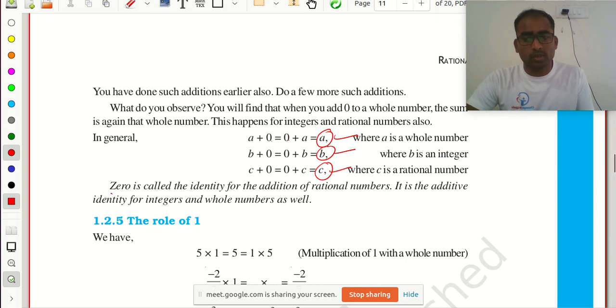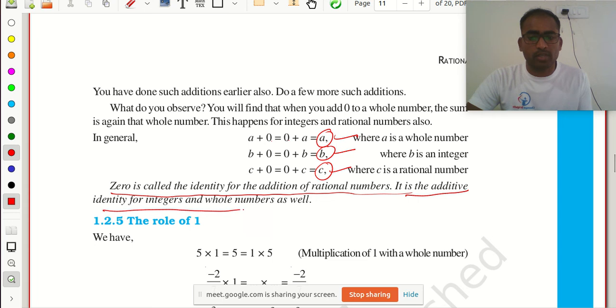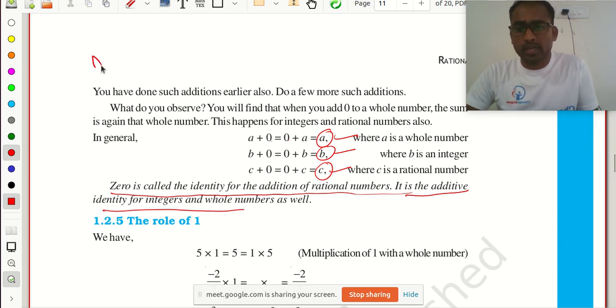So this 0 is called the identity for addition of rational numbers, and it is the additive identity for integers and whole numbers also. Additive identity means what?